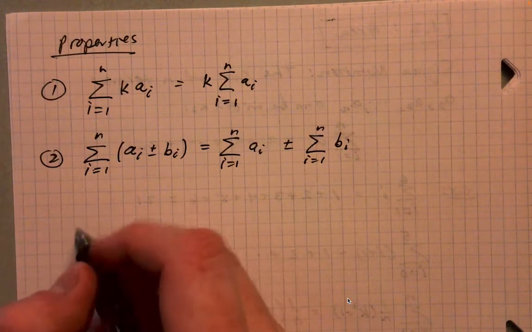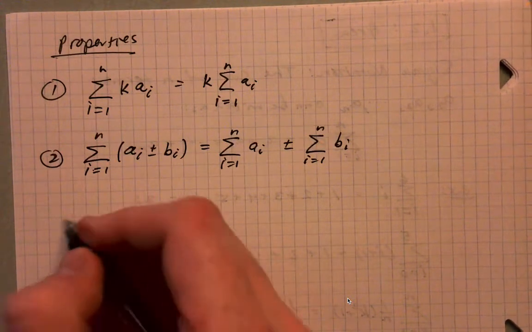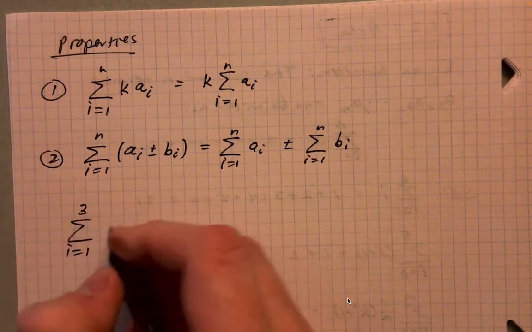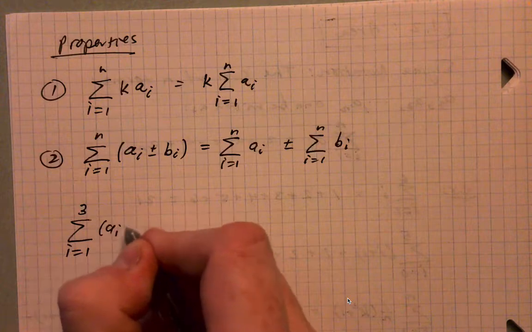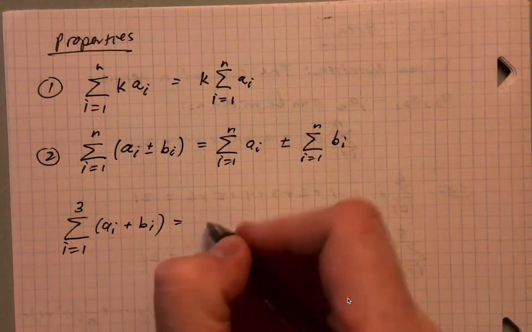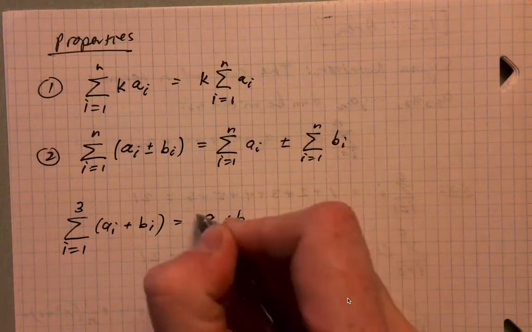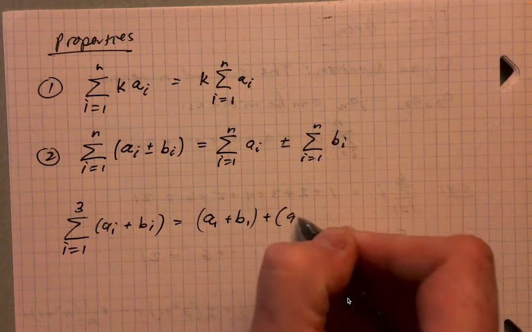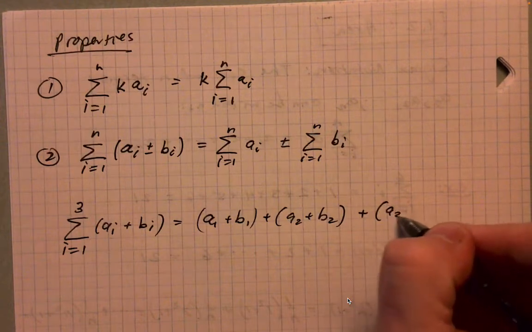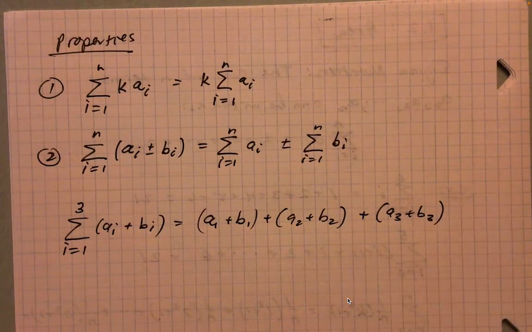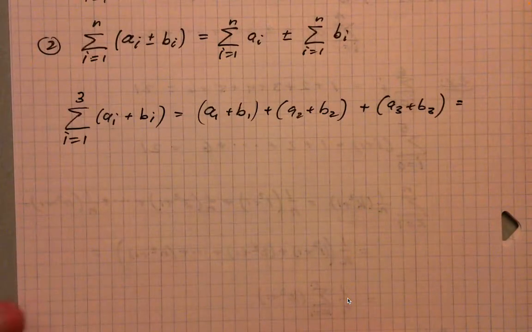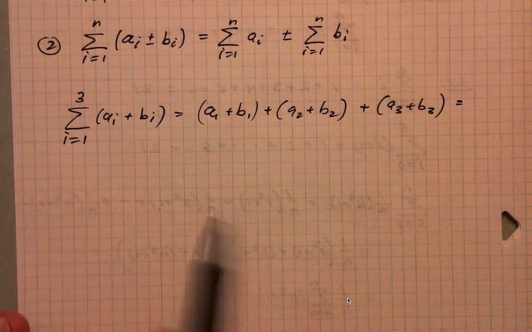Let's just take a small example to show how this would work. The sum from i equals 1 to 3 of ai plus bi. It works the same for differences, really. So this would be a1 plus b1 plus a2 plus b2 plus a3 plus b3. That's just expanding the notation out to the actual sum.